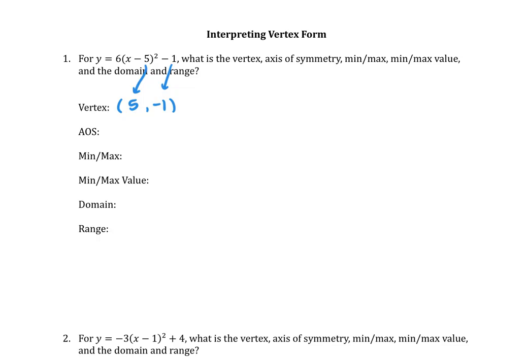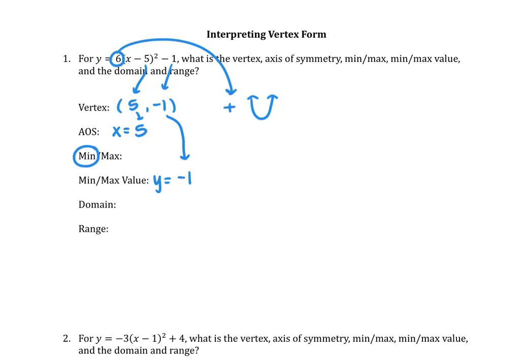Once I know the vertex, I can figure out the axis of symmetry. Remember, it is x equals the x value of the vertex. It's a min because we see this a value as positive. Remember, when that a value is positive, we know it's going to open up, which automatically creates the minimum value. And it will be at the value of y equals -1.